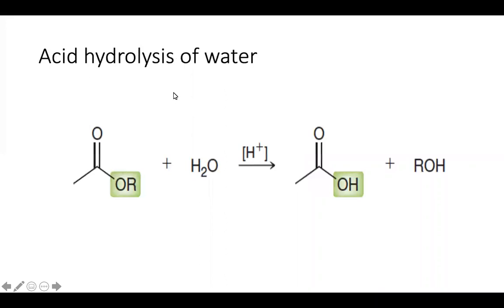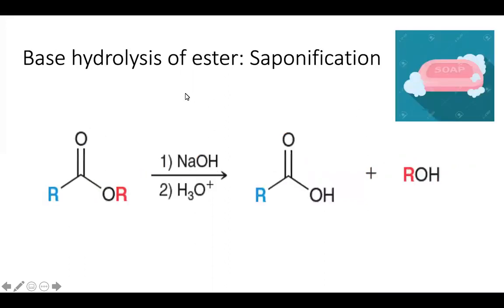So ester can undergo acid hydrolysis, which means we introduce water and acid, and we get a carboxylic acid. It can also undergo base hydrolysis or saponification to get your soap. So we introduce sodium hydroxide to get this. And then we also introduce some acid to neutralize it.